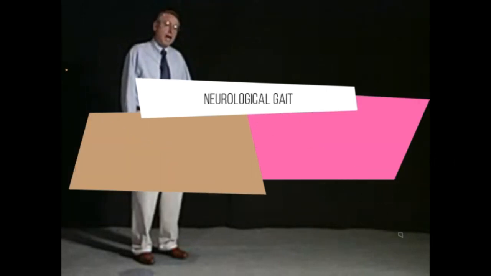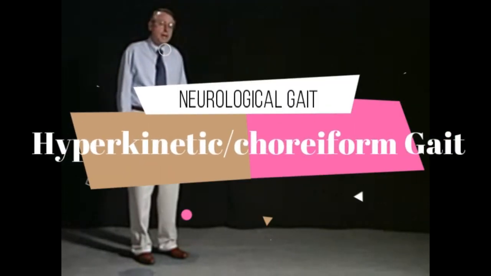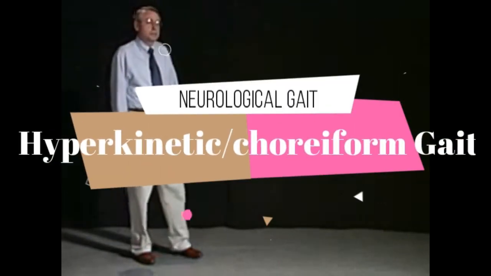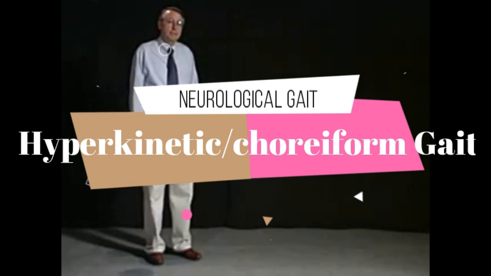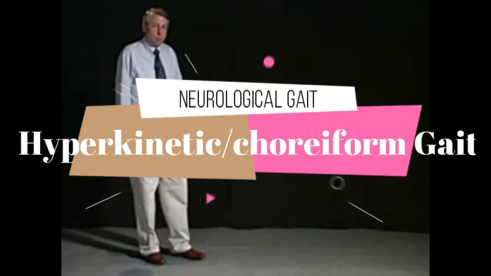As opposed to the hypokinetic gait, we now have the hyperkinetic gait, which we call a choreiform gait or chorea. With this gait, there are not only abnormalities in the gait itself, but associated movements. There can be orofacial dyskinesias, in which the patient will be having movements of one side or the other side of the face, kind of a grimacing type of fashion. There can be movements in the upper extremities, fragments of semi-purposeful or writhing movements.